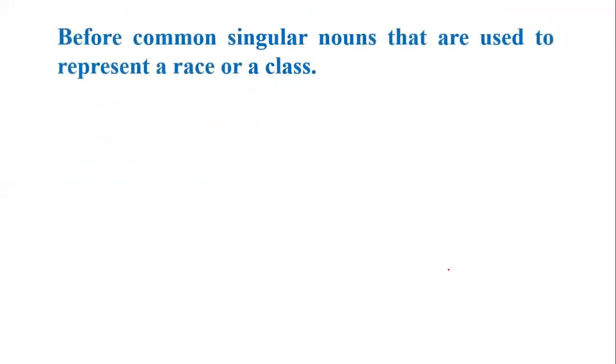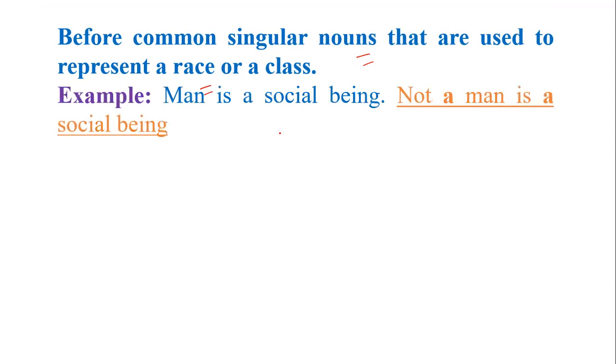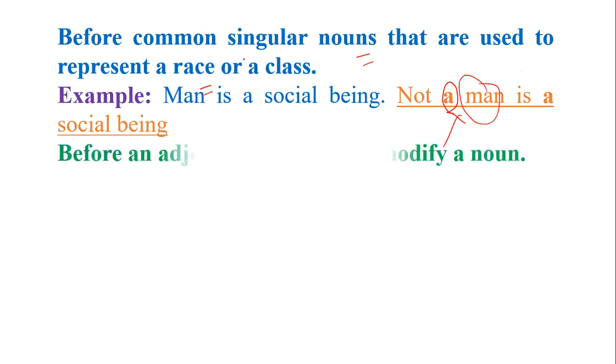Look at this. Before common singular nouns that are used to represent a race or a class. Now you can see, man is a social being, not a man. We can't use it here. Once we use a common noun to represent a social class, in that case we can't use article A. Before adjectives, if it does not modify a noun.